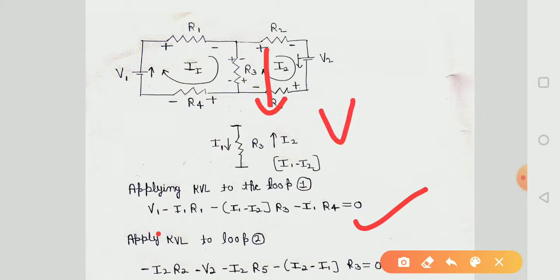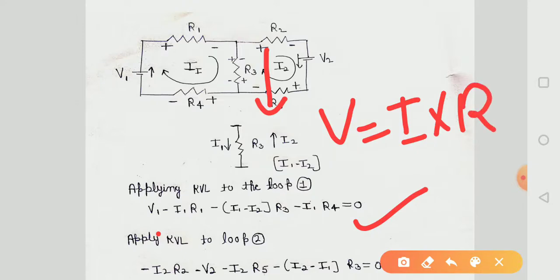We know that V is equal to I into R, so the current is I1 minus I2 and the resistance is R3. Now if we complete the loop, here is resistance R4. For this the equation becomes minus I1 into R4 equal to 0.